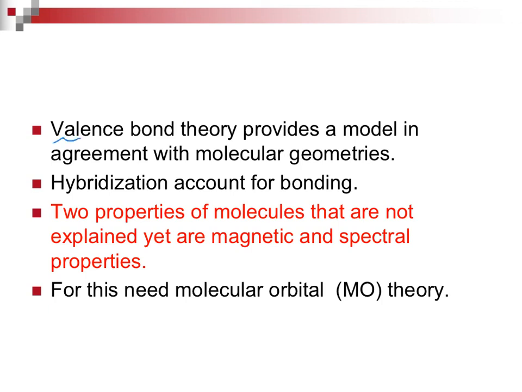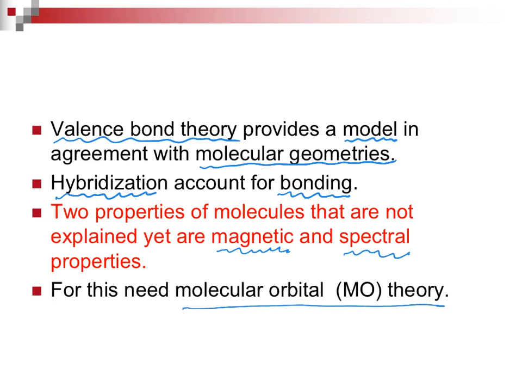So, what did we tell you so far? Well, we talked about something called valence bond theory, and that was a great model that had to do with molecular geometry. Oh, you had the pleasure of learning all those different geometries. Now that we have hybridization, it allowed for bonding. If electrons were originally there, they were not available to be shared, so we had to hybridize them. But there's still a small issue that remains, and 2 properties that cannot be explained are magnetic and spectral properties.